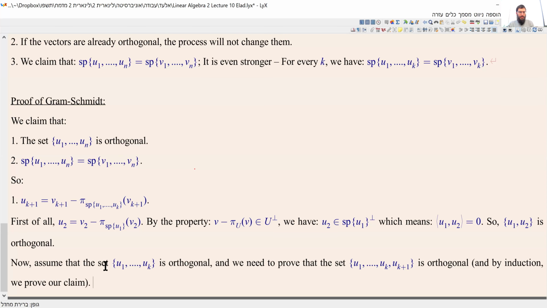The vectors u1 to uk are, by our assumption, already orthogonal, so what is left to prove?